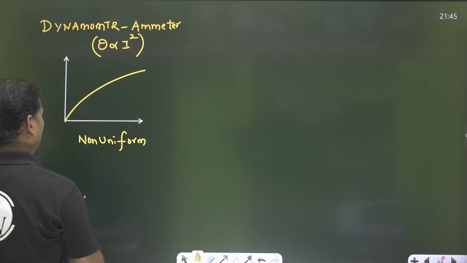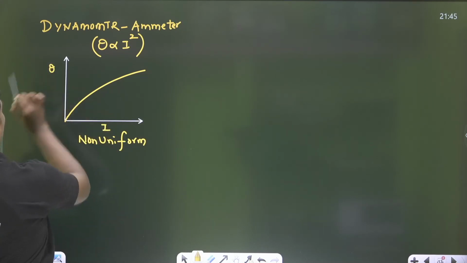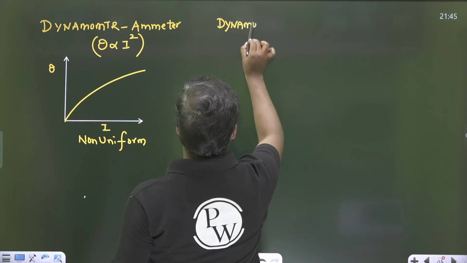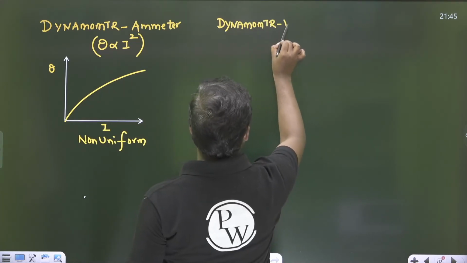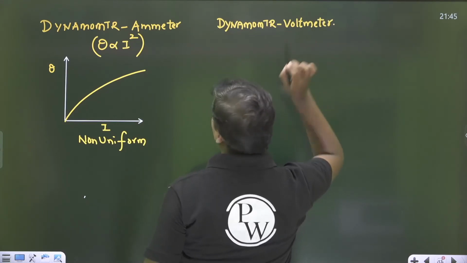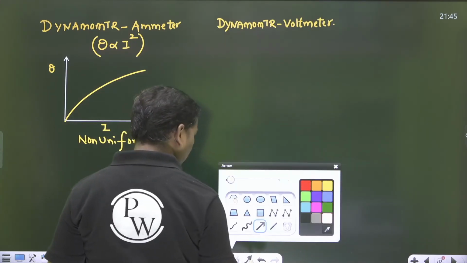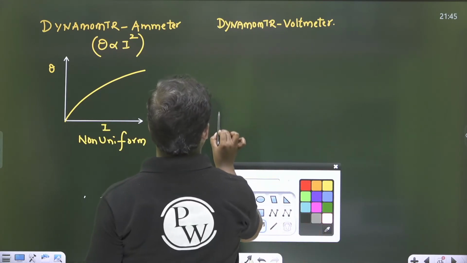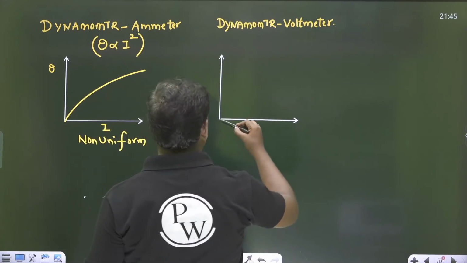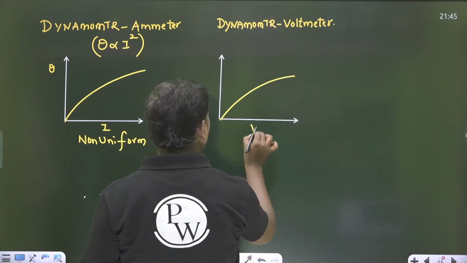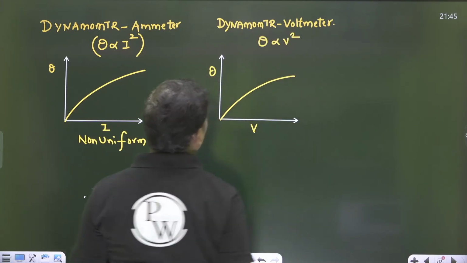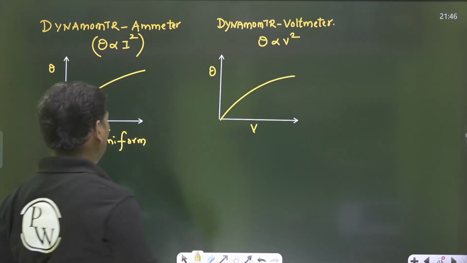Next, if you take the dynamometer type voltmeter, this is the V and this is the theta. Theta is proportional to V square. The scale is again non-uniform.